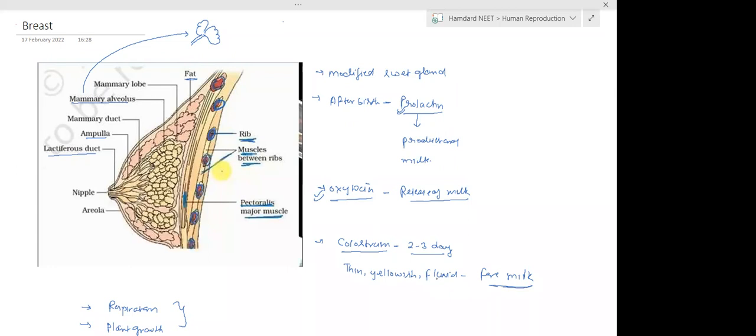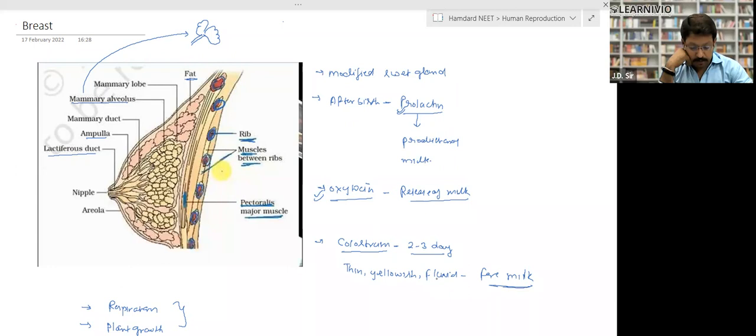These are the modified sweat glands. Full stop. The breast contains fatty and connective tissue and mammary gland.